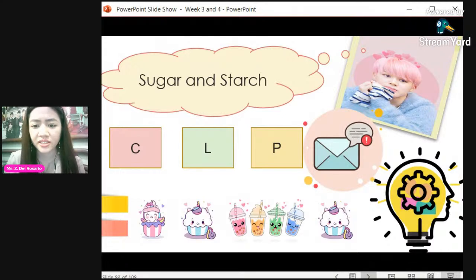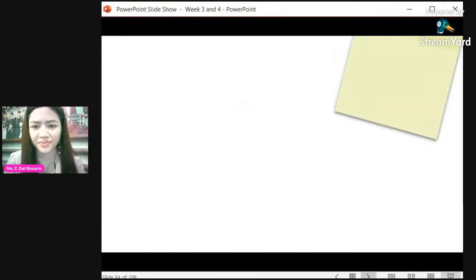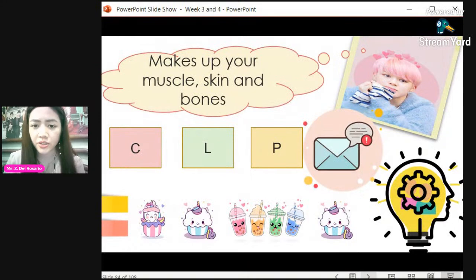For sugar and starch, that would be included in carbohydrates. How about this one? It is making up our muscles, skin, and even our bones. Is that carbohydrate, lipid, or protein? Nice, that is protein.